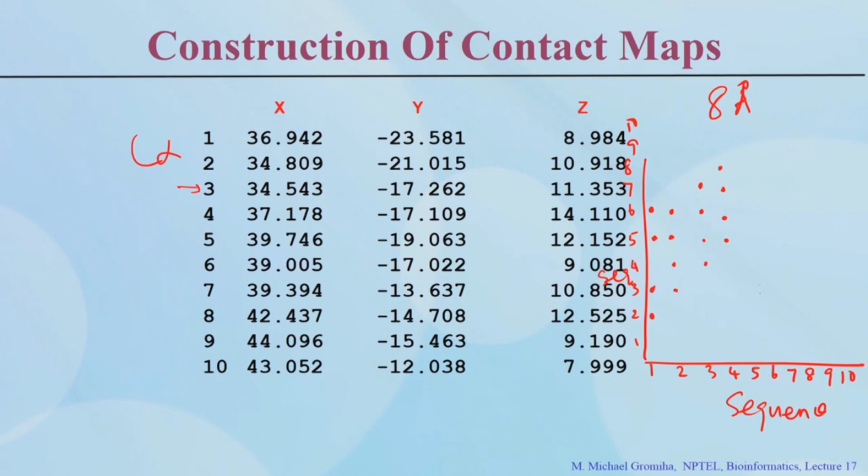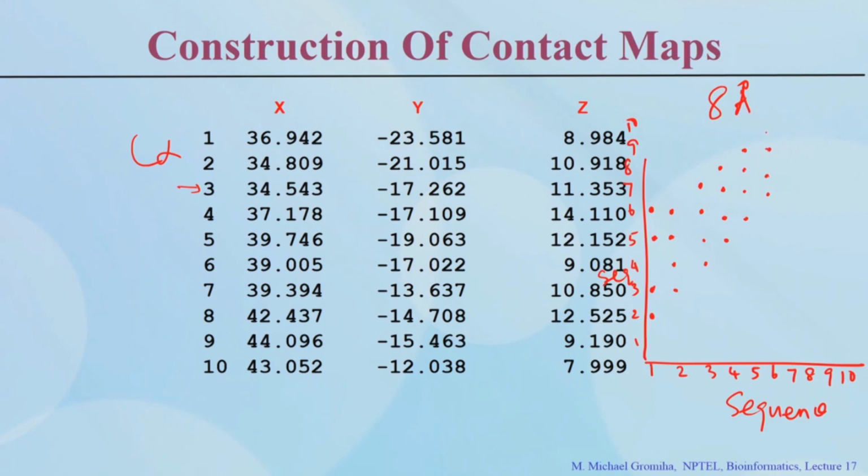Then 5 and 6, yes. 5 and 7, yes. 5 and 8, yes. 5 and 9, yes. 5 and 10, maybe no. Then 6 and 7, yes. 6 and 8, 6 and 9, no. 13 and 43, yes.